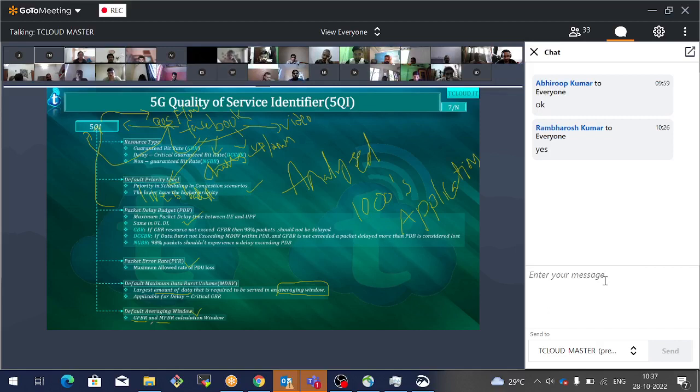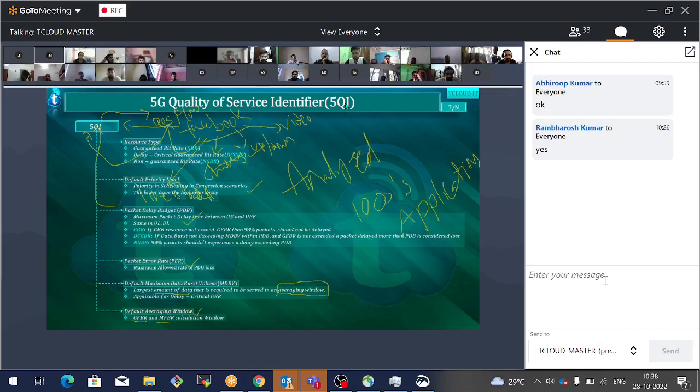The behavior of the network towards the particular mobile must change. So they did a worldwide analysis of all existing application types and came up with standard values for these six fields. For every combination of values required for a different application, they allocated one 5QI value.